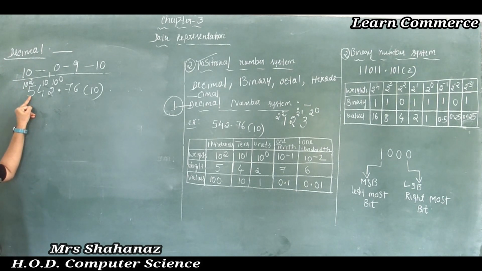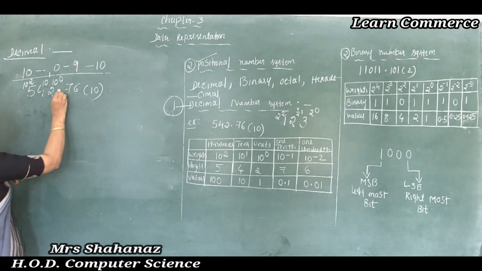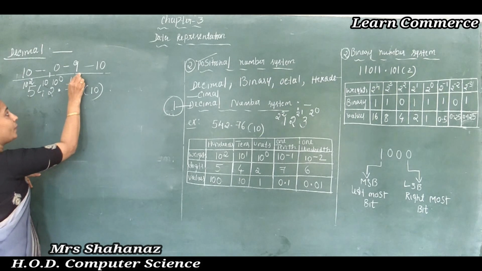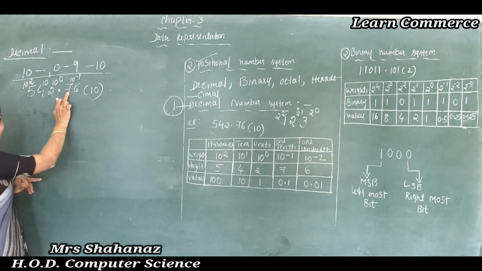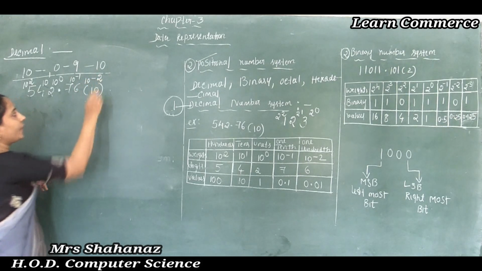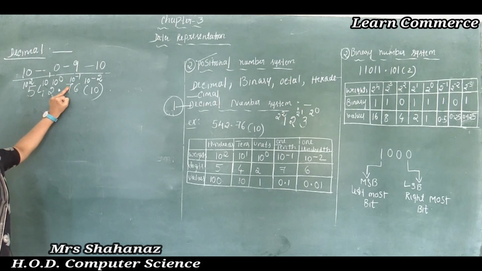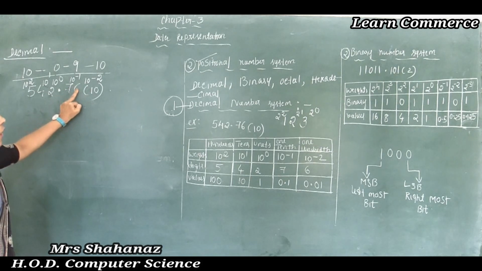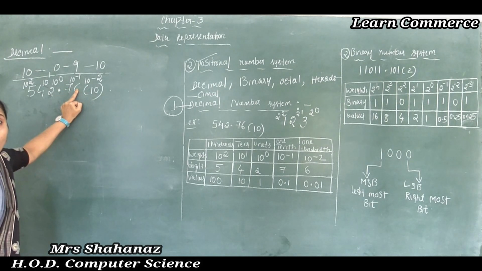Hundreds place in this case, and later after the fractional point, how we are going to write? That means 10 minus 1, the positional value of 7, 10 minus 1 here, and the positional value of 6 is called as the 10 minus 2. So this one is called as the 1/10. Clear this point here? 1/10 here, and this is called as the 100th. Clear this one? 100 here.